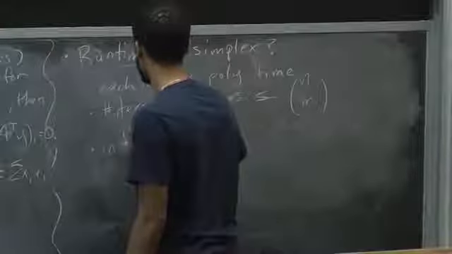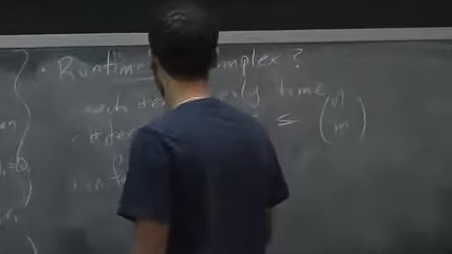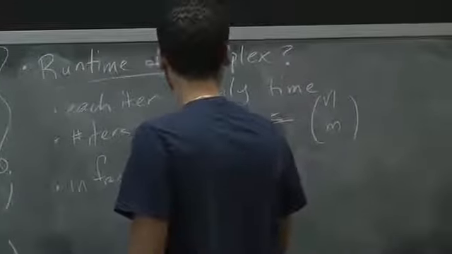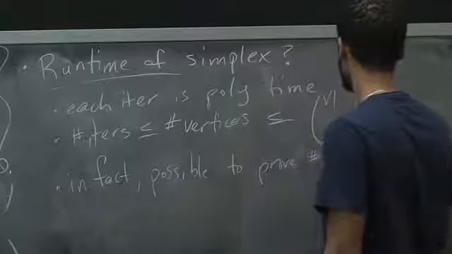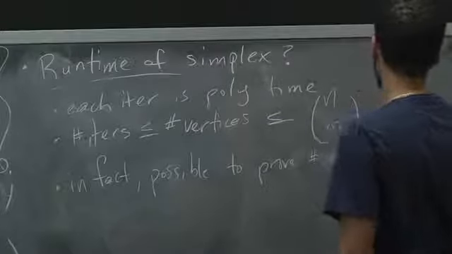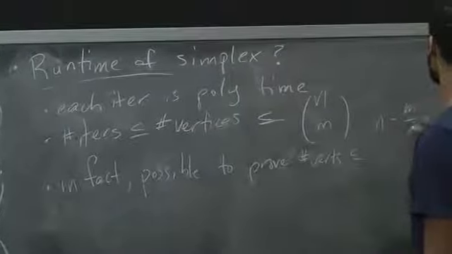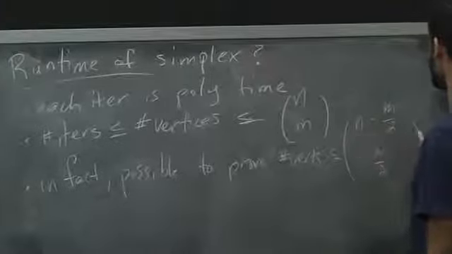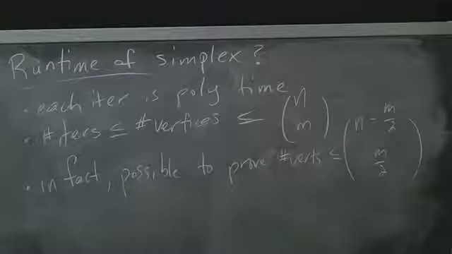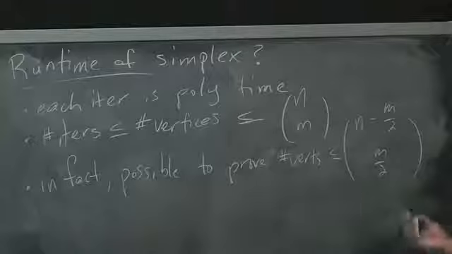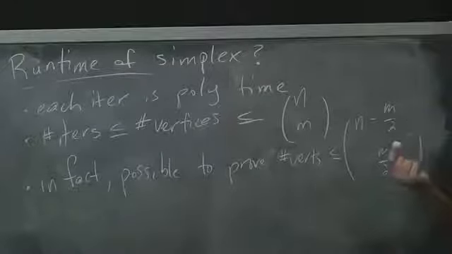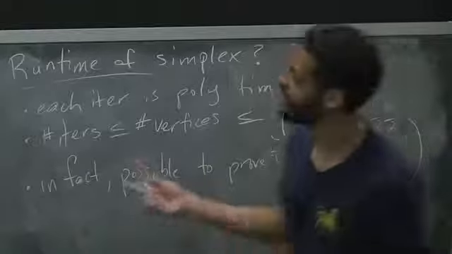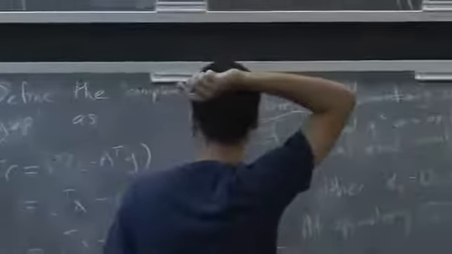In fact, it's possible to prove that the number of vertices is at most (n minus m over 2) choose (m over 2). The reason you could hope for any better bound at all is that not all choices of bases are feasible. Let me go back for a second.